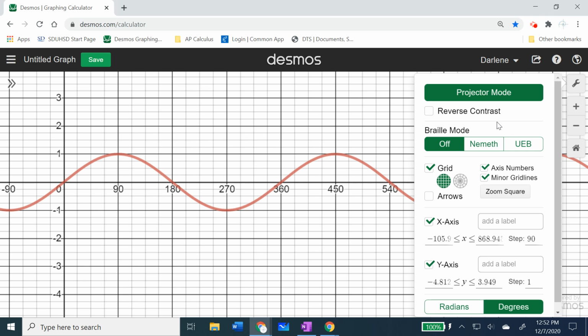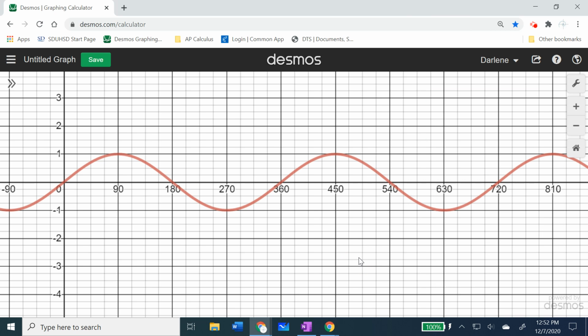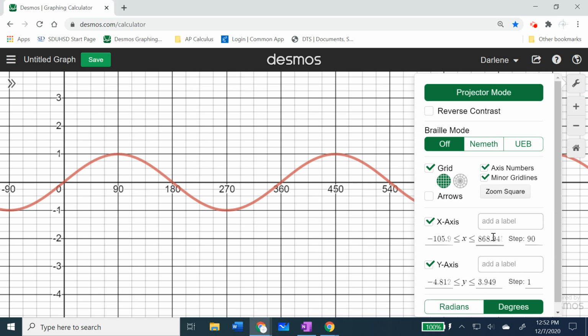But in order to convert it to degrees, you have to change it right here. And I had to dramatically change the viewing window so that my x-axis, basically, about 45 degrees is 1 unit. So 45 units for every 1 unit, you have to drastically change the x-axis and the y-axis.